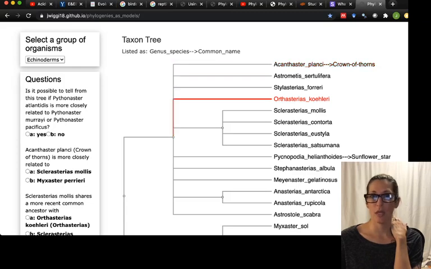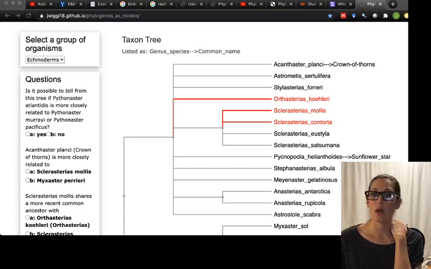You can tell, however, for example, that this species, and these are echinoderms, I don't know how to pronounce their names, this species and this species are more closely related to each other than they are to this one up here. Is my mouse showing up for you? Because I'm not going to be making a lot of sense, am I? Nope, it's not.